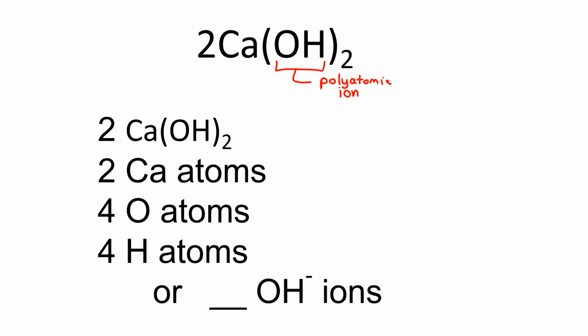I actually have something wrong on the... I have 2 times 2, right? I have the wrong number there. That should be 4. So I have 4 hydroxide ions. I have 4 groups of OH because I have 2 times 2.